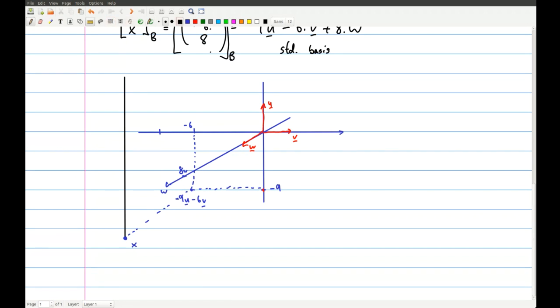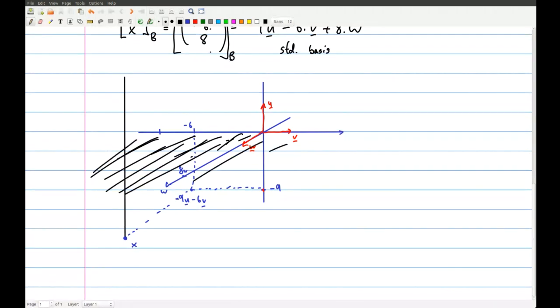So my blue plane, the YZ plane, looks like this kind of sheet. Here's the kind of point of intersection. Those two are supposed to be equal.